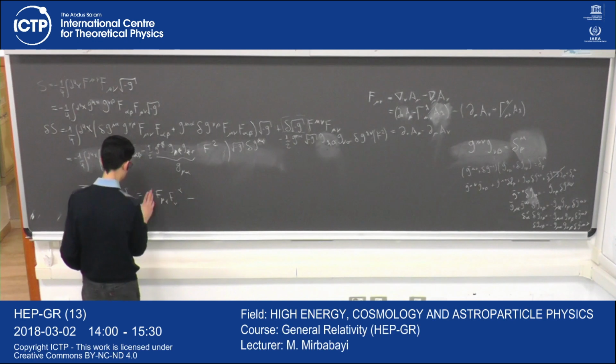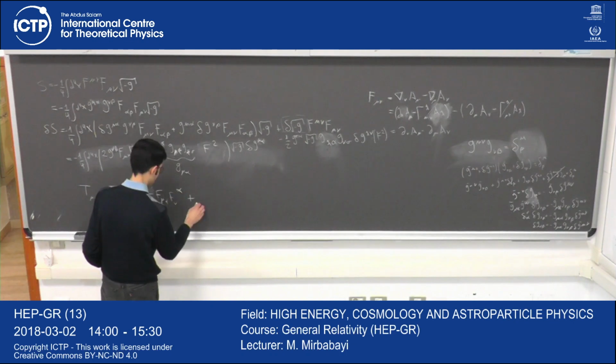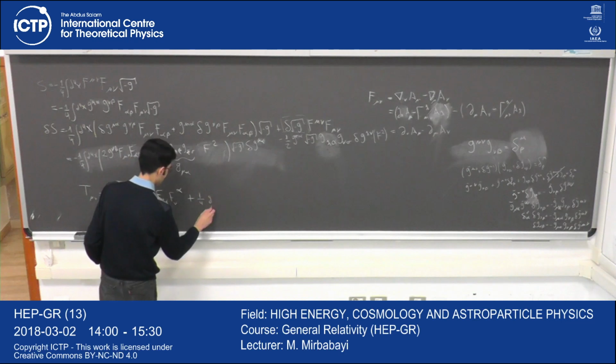Sorry, there was another 2, so there is 1 over 2 times minus this, plus 1 over 4 G mu nu F squared.